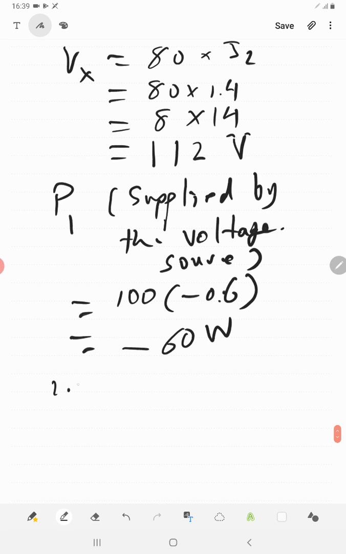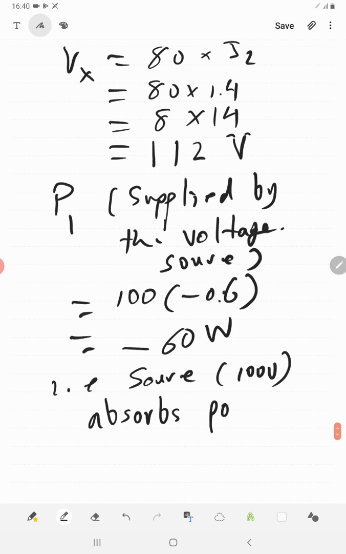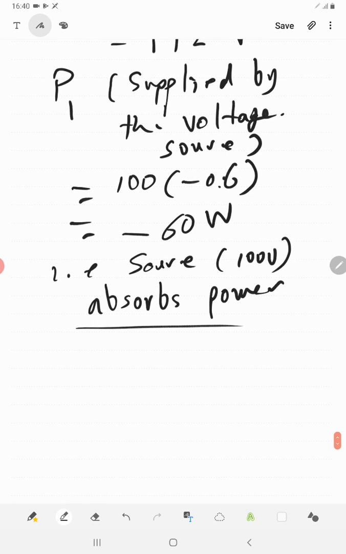So you say the 100 volt source absorbs power. Okay. Now let's look at the current source.